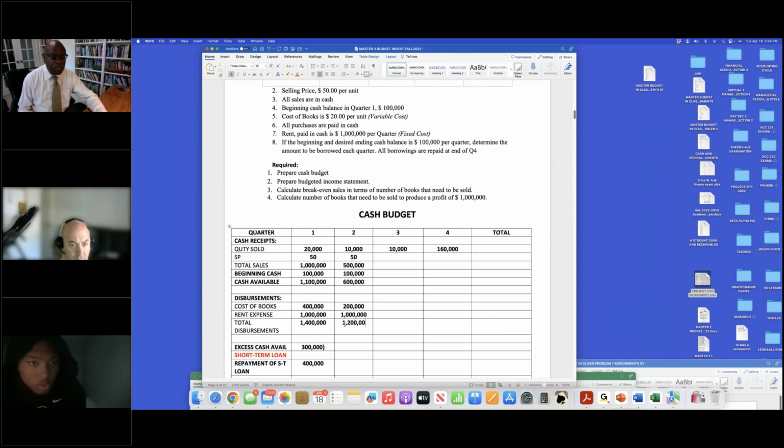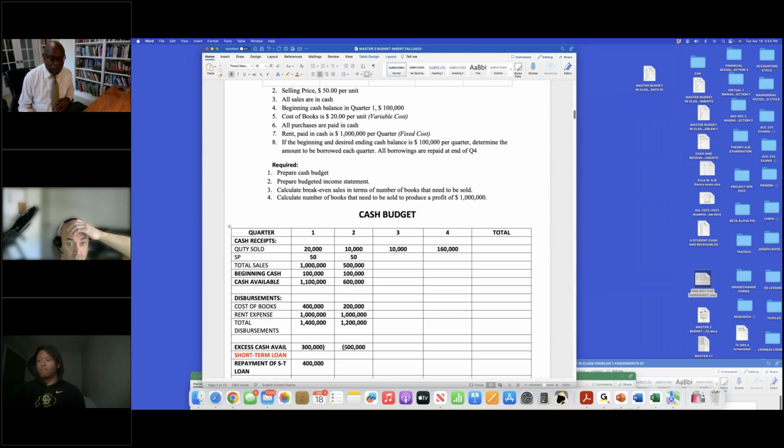So now we're short what? You've got to pay $1.2 million, and you only have 600,000 available. So we're 600,000 short. We subtract cash available from total disbursements, and that gives us 600,000.